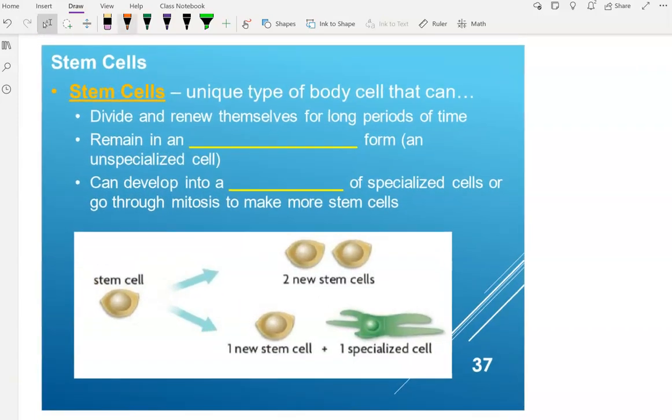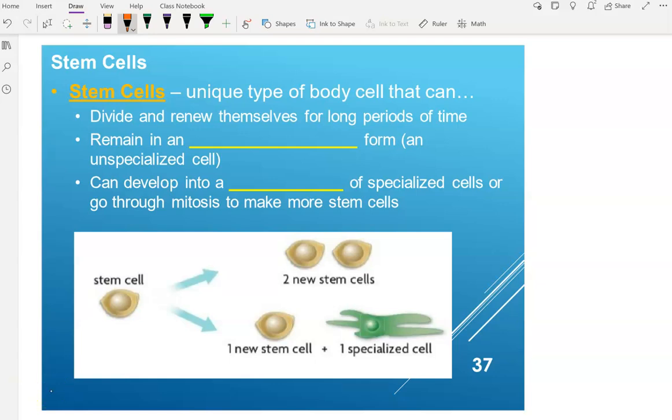All right, now stem cells, these are a really interesting area of research, really interesting type of cells. The reason for that is because they can do a couple of cool things. One is they can divide and renew themselves for long periods of time. You could say they're almost like immortal cells because their telomeres don't always get shorter.